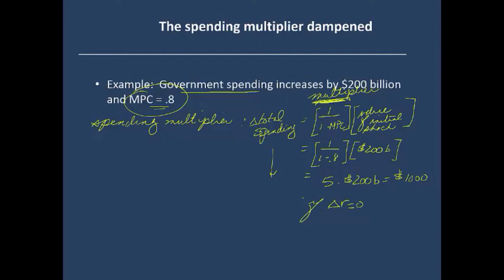But actually, we know interest rates do change. Okay, so this is an important point to keep in mind, that what this spending multiplier tells us is how much spending would change if interest rates didn't change. But we've already discussed, we know interest rates will change.